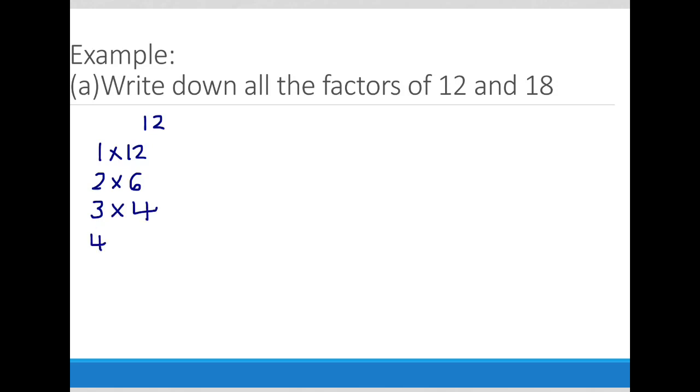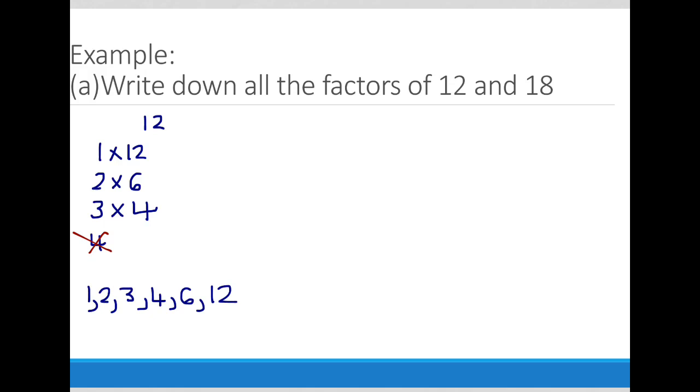And 4, that's a repeat. Do you notice we've already got 4? So actually I don't need to do that one and I can stop. So what are my factors? They're going to be 1, 2, 3, 4, 6 and 12.